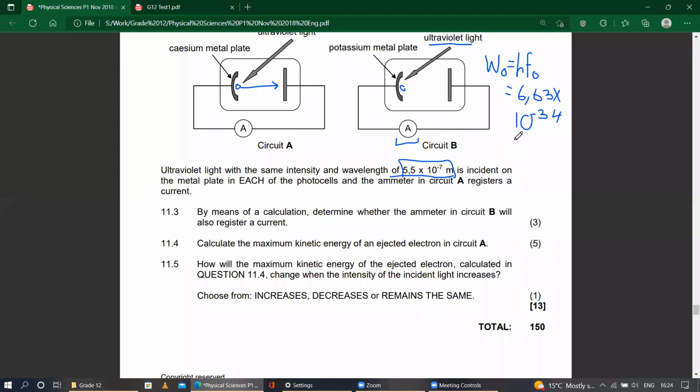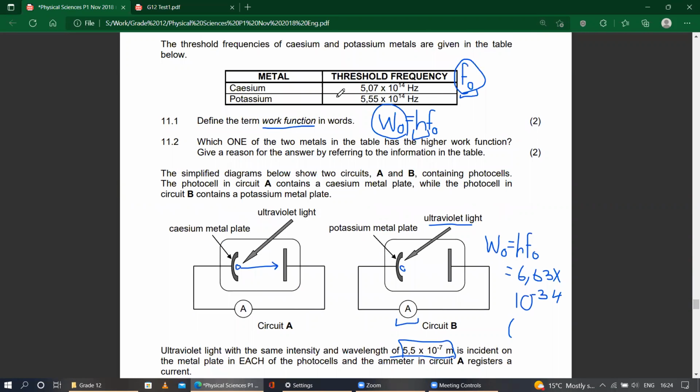And this is all multiplied by our threshold frequency for potassium, which is 5.5 times 10 to the exponent 14.